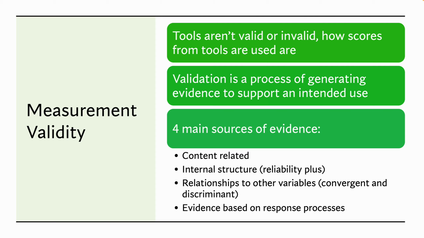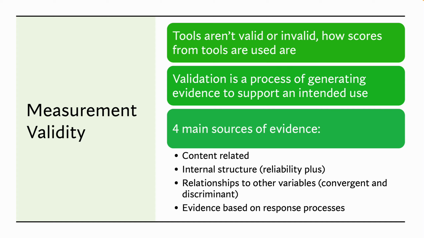And if your factor analysis shows that the questions are grouping together the way you thought they should, then you've just generated internal structure evidence. And also, if your instrument is reliable based on, say, Cronbach's alpha, you've generated internal structure evidence. So that's about the way things hang together.